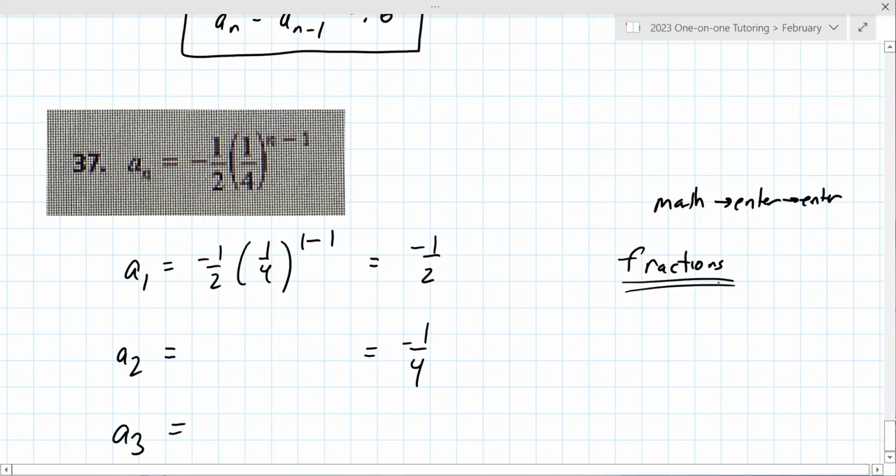No more decimals going forward on this problem. Negative 1/32.